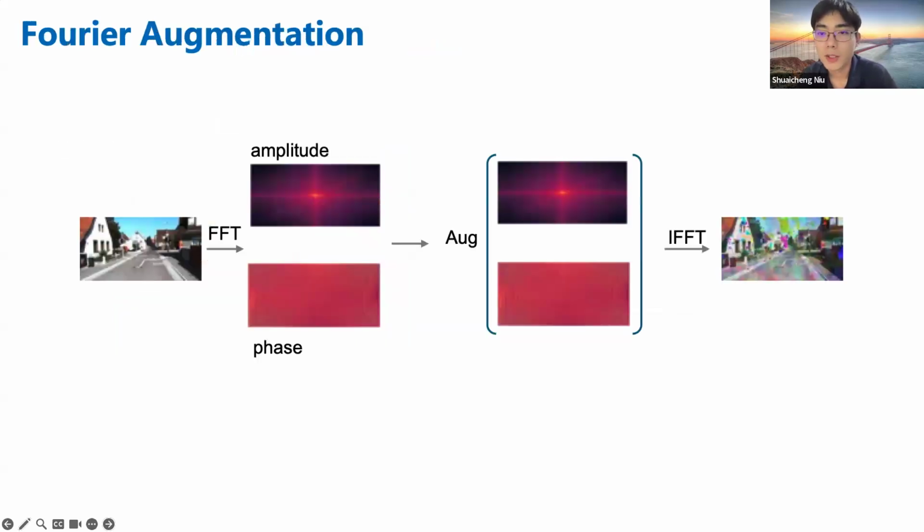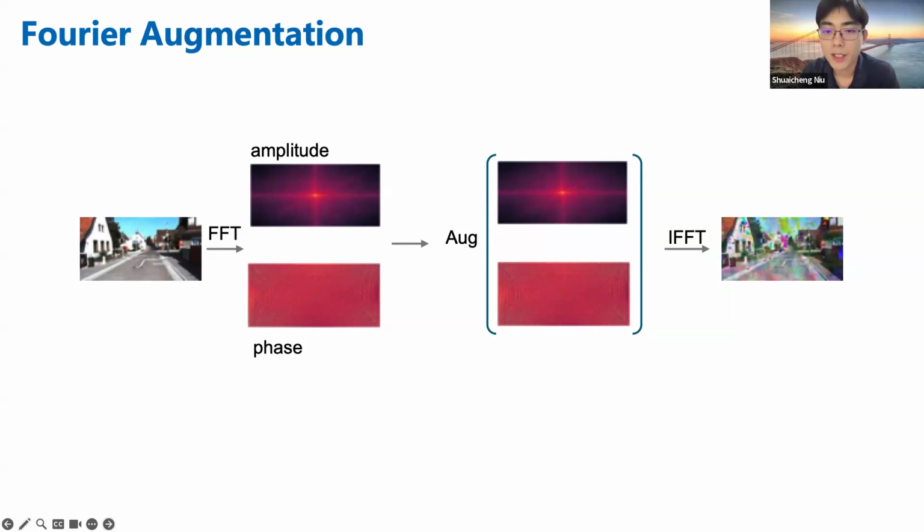So to this end, we start from Fourier augmentation, as it has the potential to provide rich learning signals while keeping the geometry structure. To be specific, given image X, we first perform fast Fourier transformation, FFT, to get the corresponding amplitude and phase components.